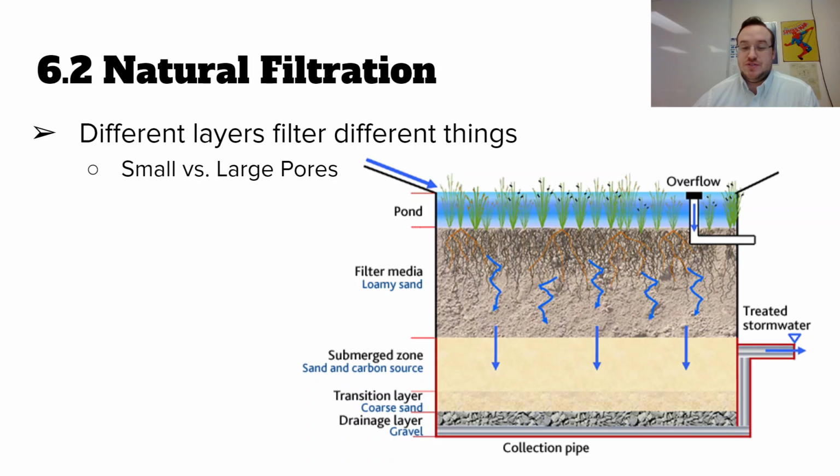So we've got vegetation and topsoil that can filter larger particulates. It may also hold bacteria that can eat or digest or break down, all those three words mean the same thing here, pollutants into non-harmful material.